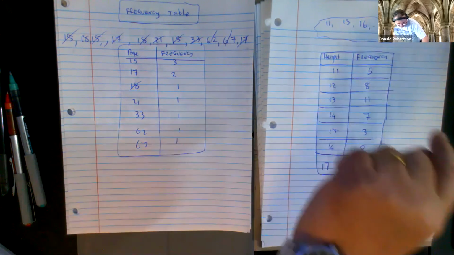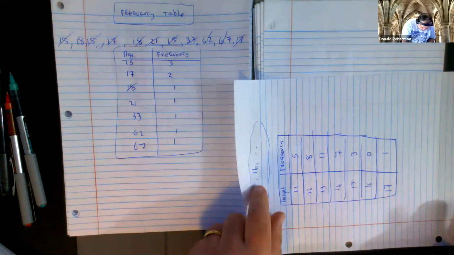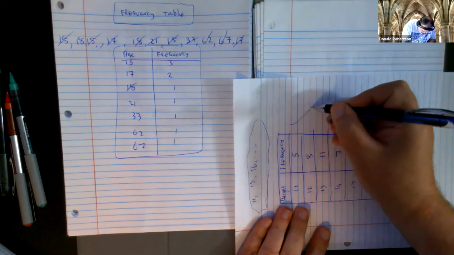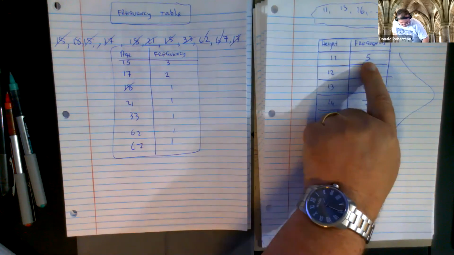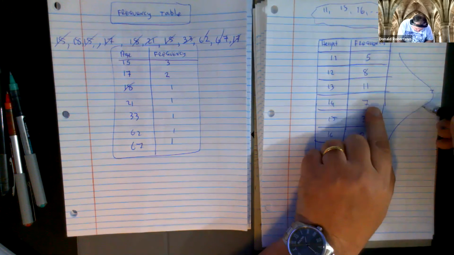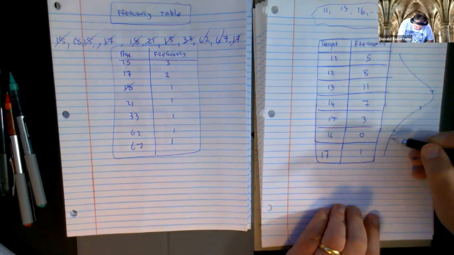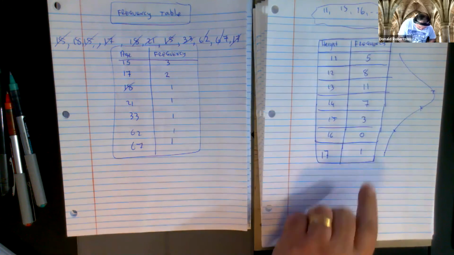Secondly, if I turn it on its side a little bit, can you see the numbers start off low, then they get bigger, and then they tail off again? There's 5, and then it's up to 8, then it's up to 11, so that's about here, right? And then it goes down to 7, down to 3, and then almost nothing at the end.